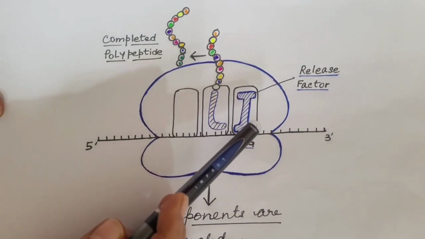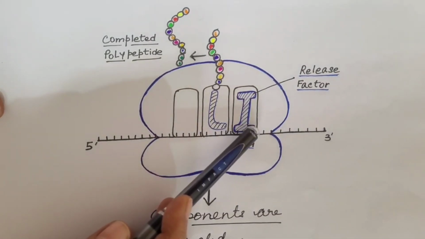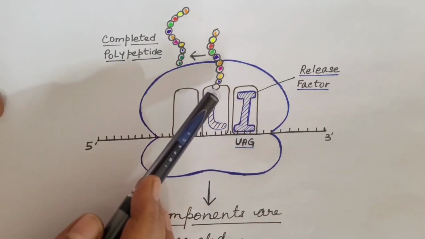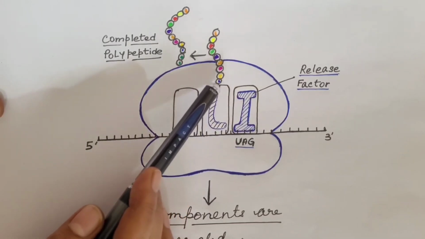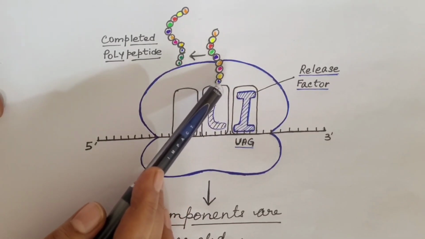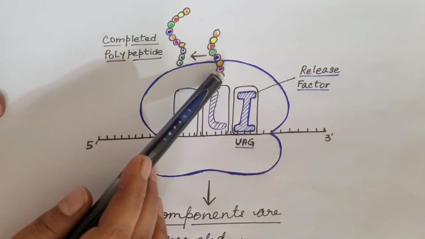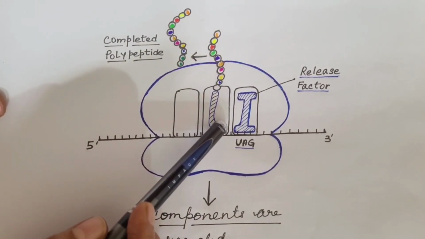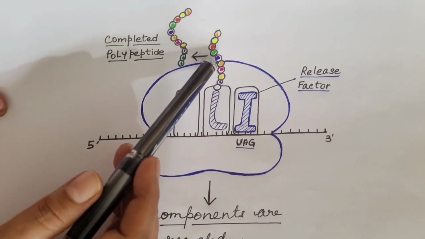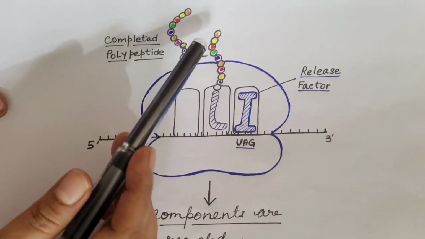The release factor comes and binds with the A site. This release factor has peptidase activity and it hydrolyzes the bond between transfer RNA and the newly synthesized polypeptide chain in the P site. Then this completed polypeptide chain is released.